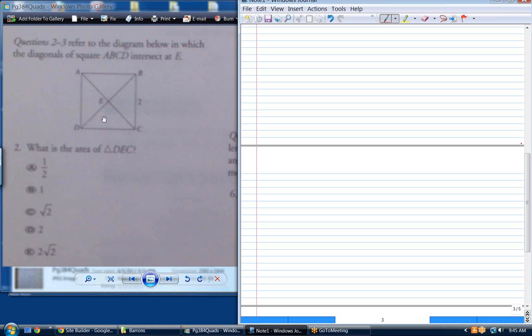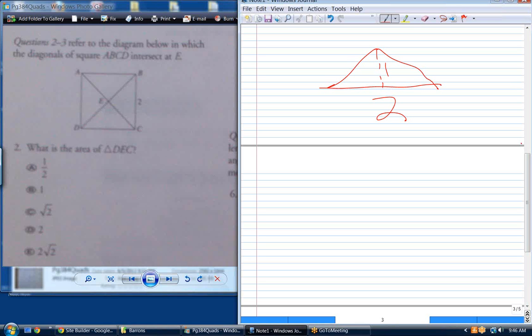There are two ways we can do this. The quickest is to know that each of these are equal. What's the area of the square? 4. What's the area of this little one? 1. That's the quickest. The second way is to look at that bottom little triangle, know that that's 2, and know that this is 1.